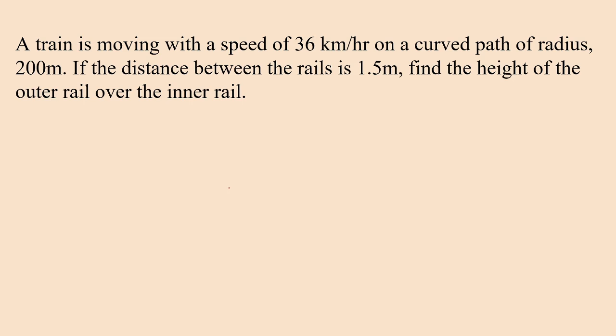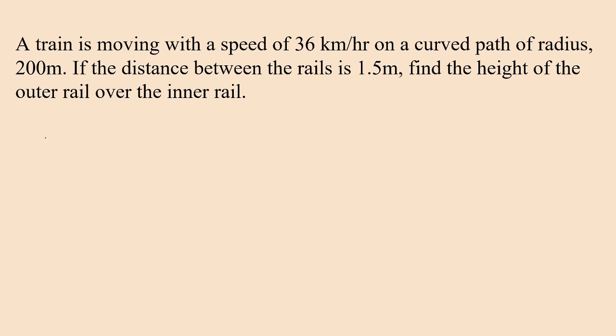Here, a train is moving on a curved path of radius 200 meter, and we are asked to find the height of the outer rail over the inner rail. That is, we are asked to find the super elevation.